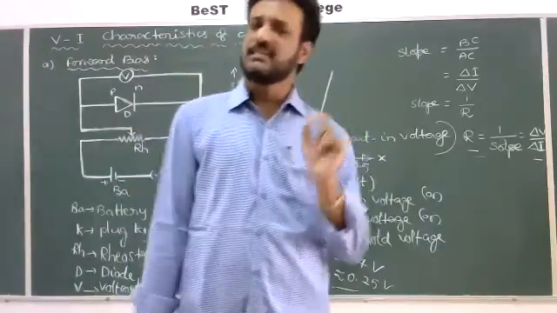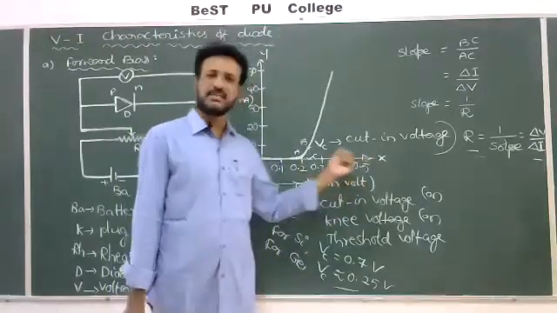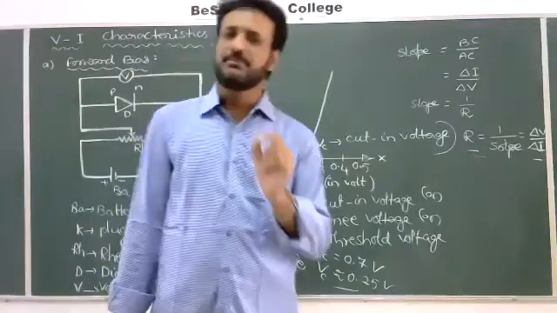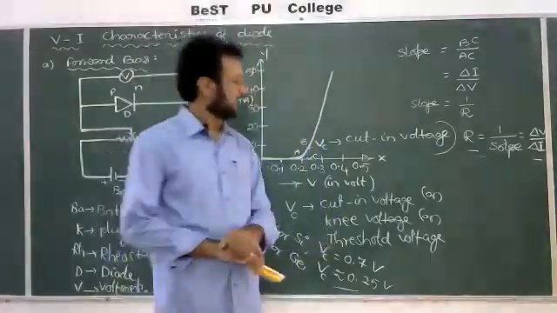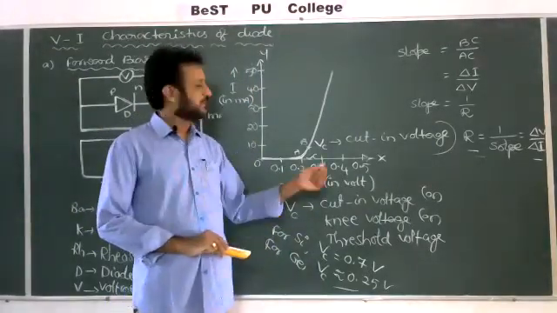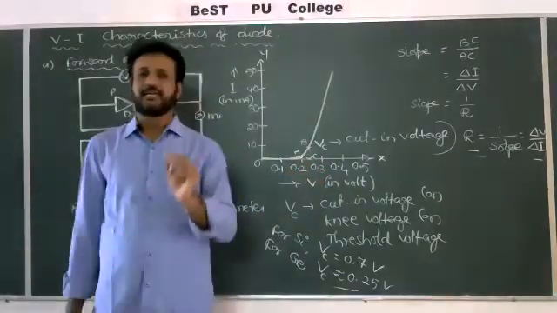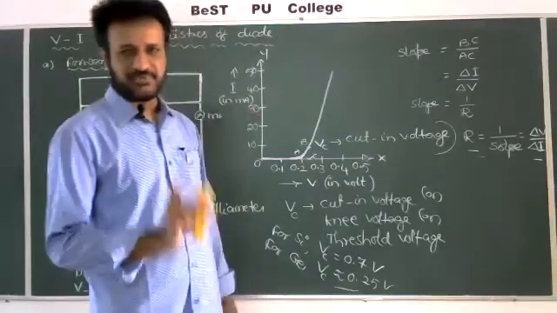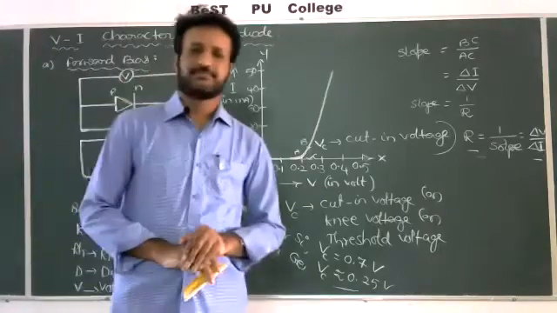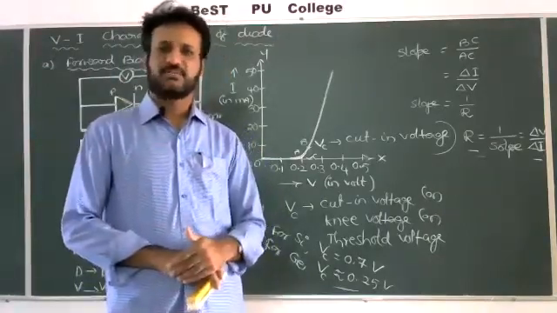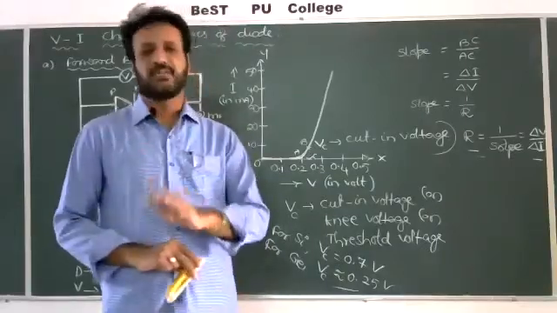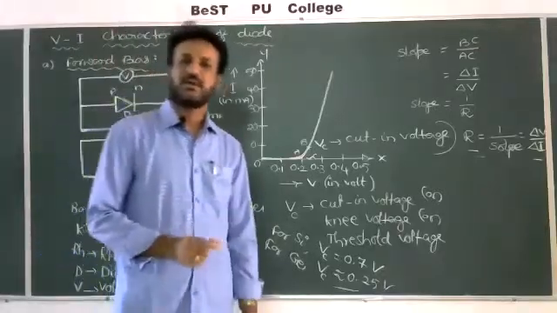When a diode is connected in forward bias, the minimum applied voltage at which the current begins is known as cut-in voltage, or threshold voltage, or knee voltage.